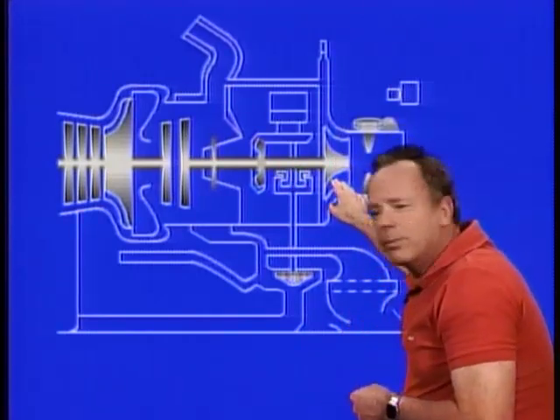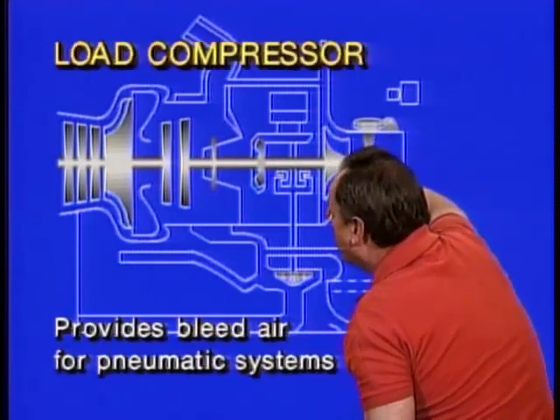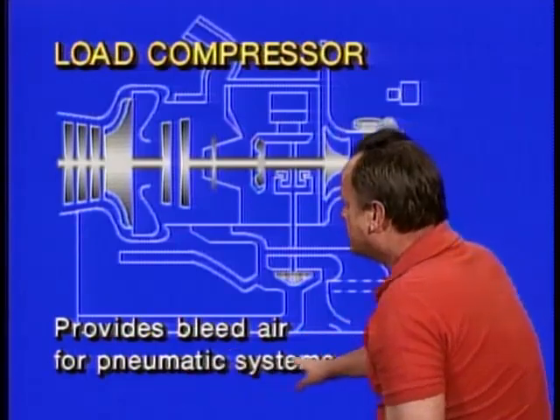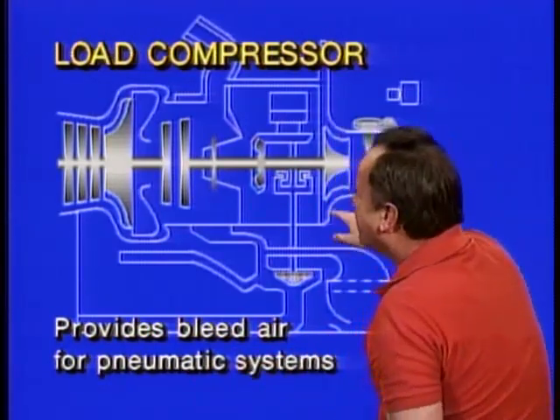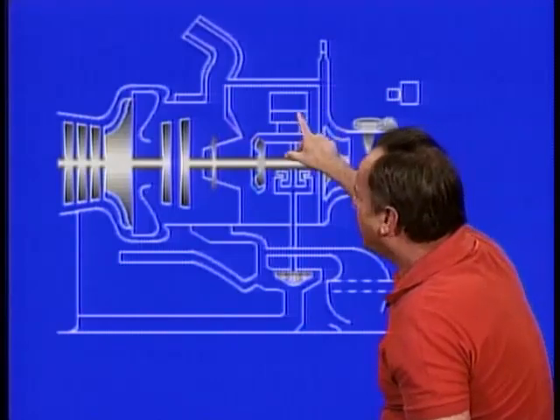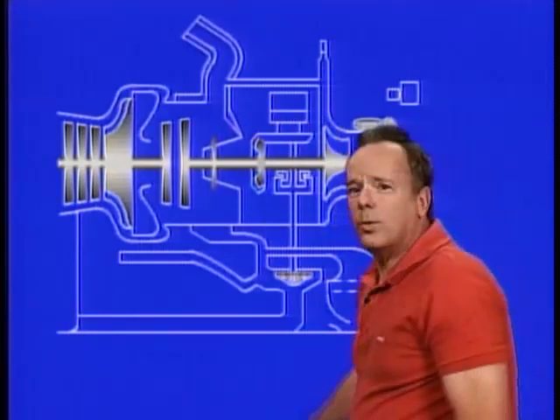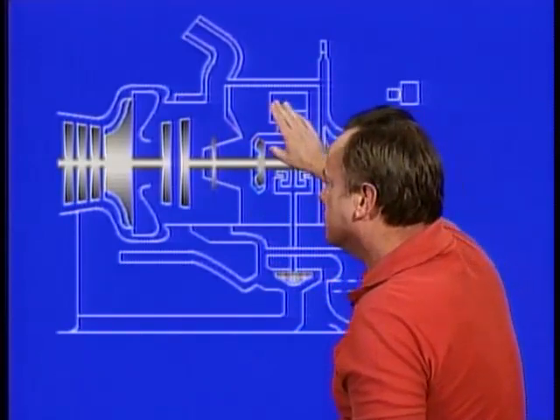So here's the load compressor at this particular point, and it's the load compressor that supplies bleed air for pneumatic systems. At the same time, this shaft is connected to a generator, and very often that generator is identical to one of the engine-driven generators, and it supplies electrical power when the aircraft is on the ground.